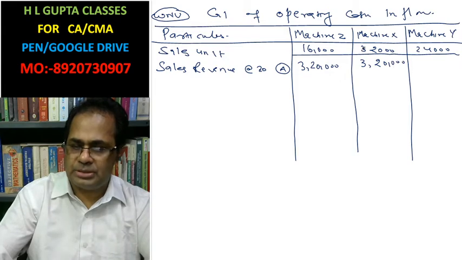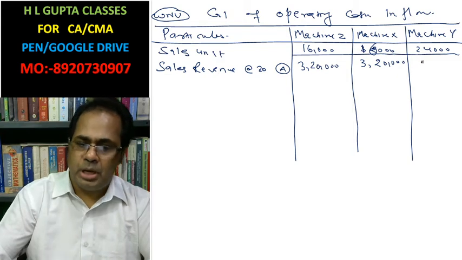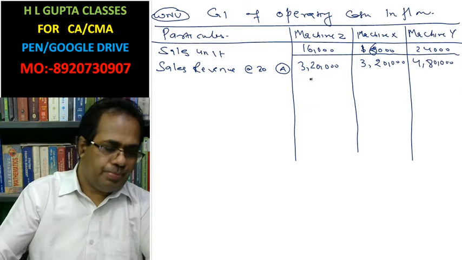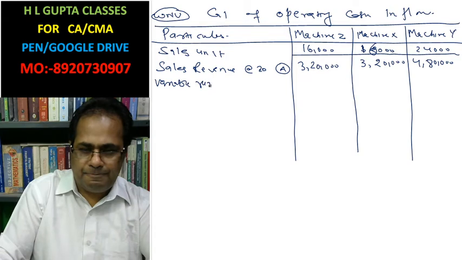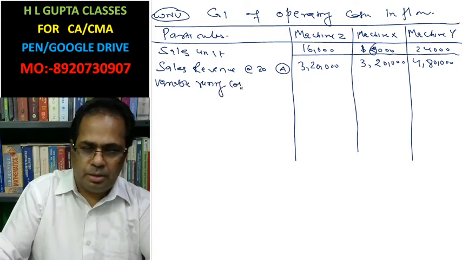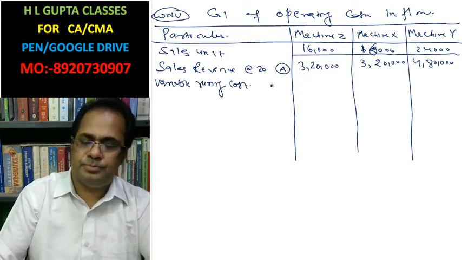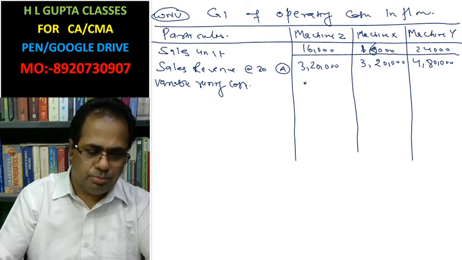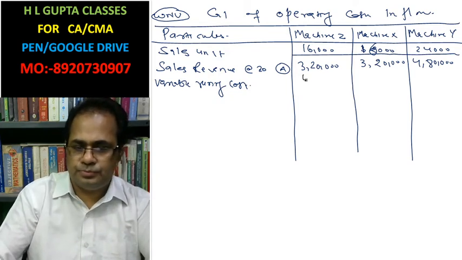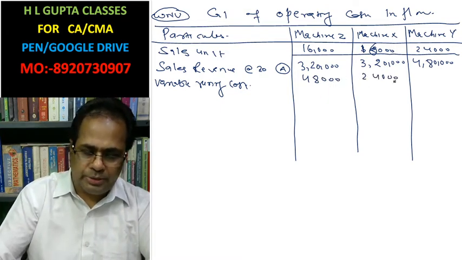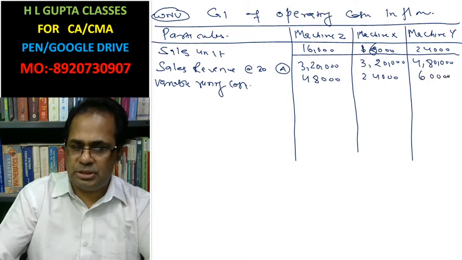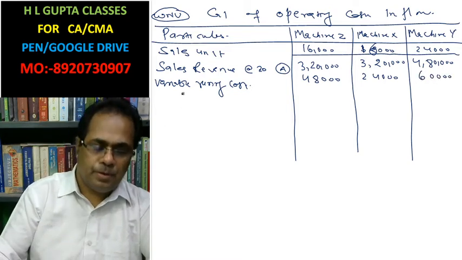Variable running cost was already calculated in the working note: 48,000, 24,000, 60,000.